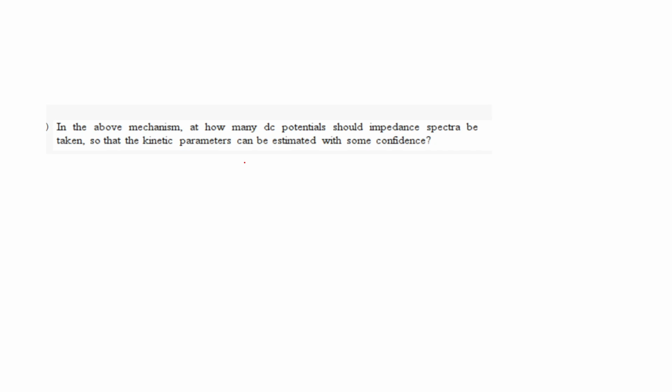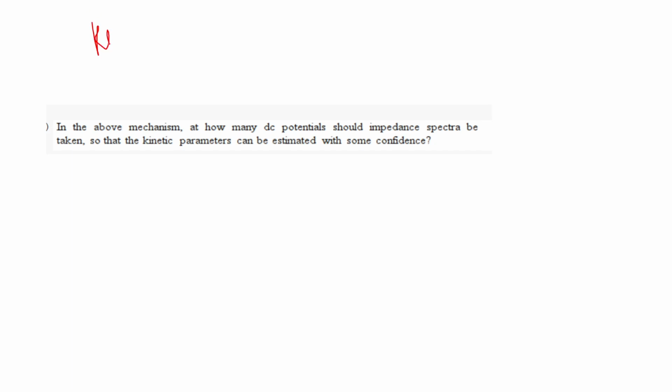With some confidence. Okay, so if I am explaining, you can get the data by modeling, or you can also get the data from the impedance, right? So what I meant is you can either model the data using kinetic parameters.